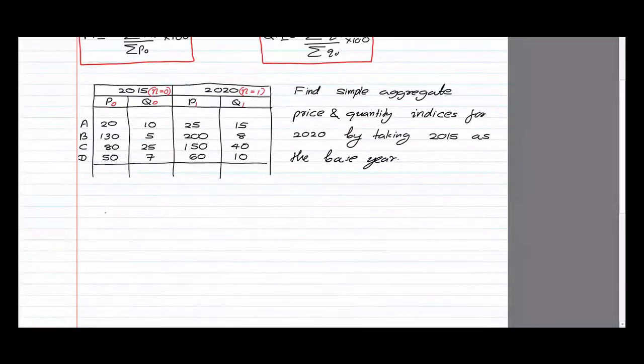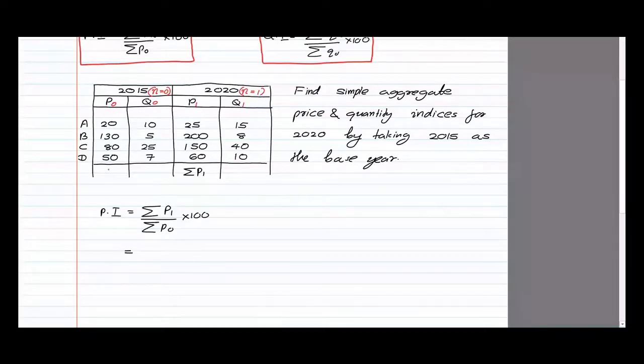Price index is equal to sigma P1 divided by sigma P0 into 100. Sigma P1 is the sum of this column, and sigma P0 is the sum of this column, then multiply by 100.